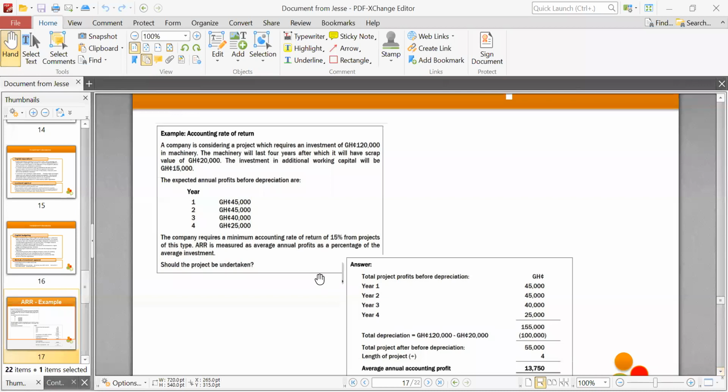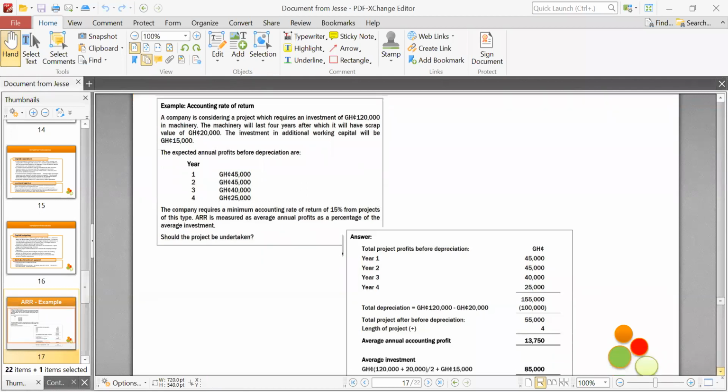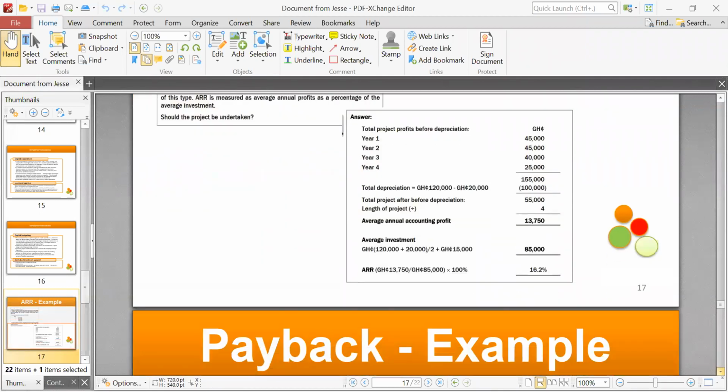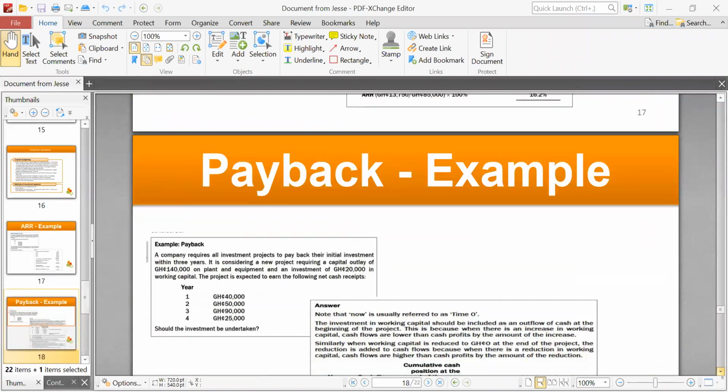The question is telling us the company requires a minimum accounting rate of return of 15%. So in this case, the project has to be undertaken because it meets the threshold.